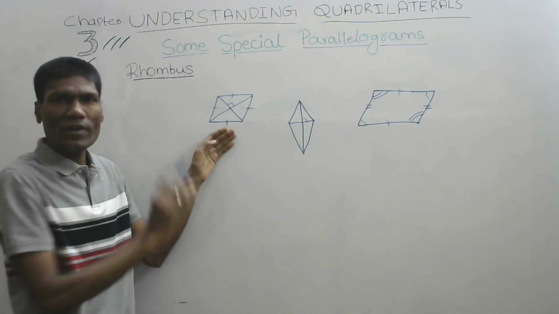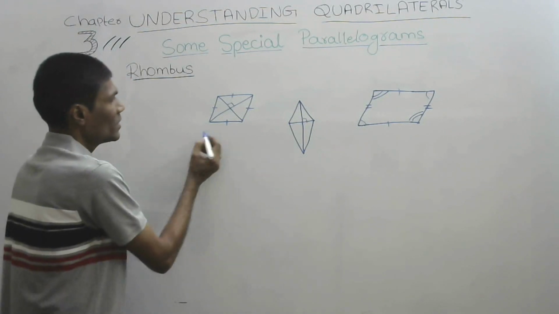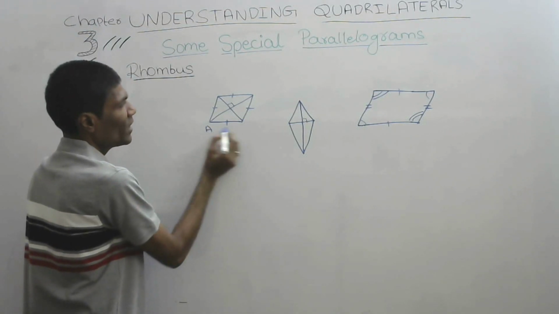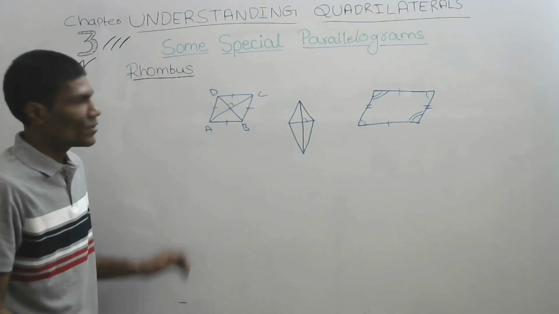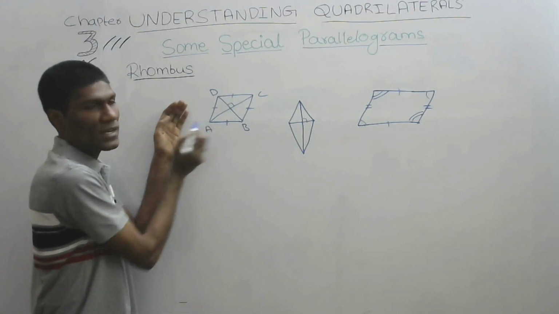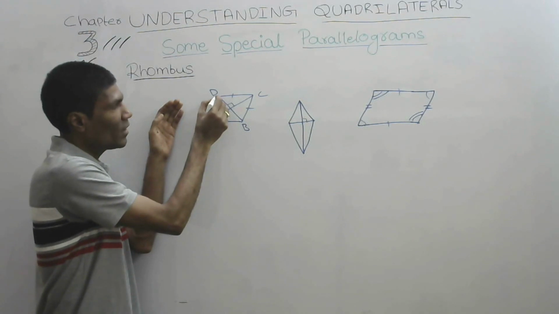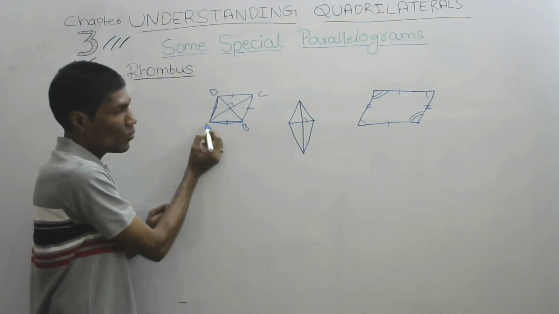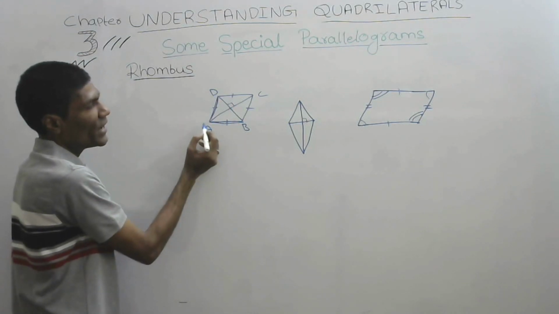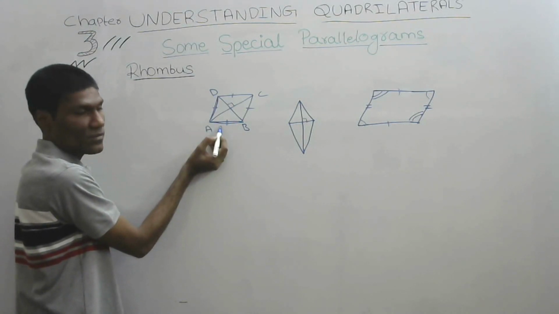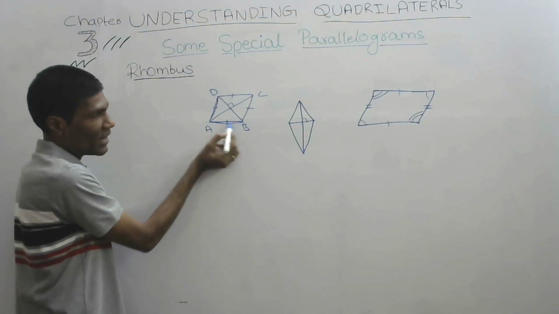Let us prove it. Now, let us name it A, B, C, D. Now, see, all sides are equal. Let us see this AD and AB. These two sides are equal. Now, consider this big triangle.